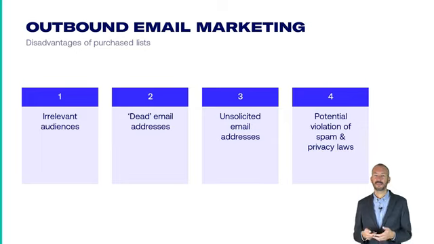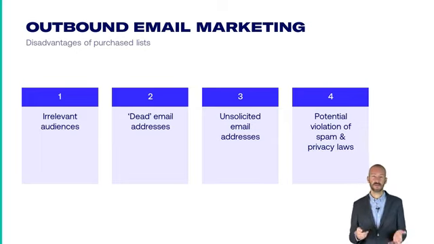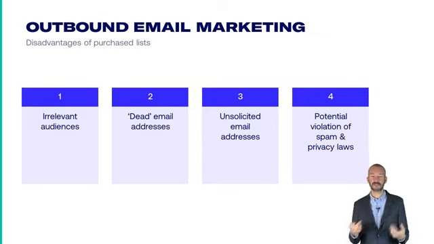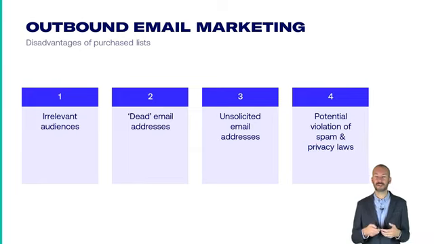Number three is this idea of unsolicited email addresses. These are the people who didn't really want to come to the party, right? They didn't want to come to your email marketing. Someone maybe added them, a friend thought they'd be interested in your content, or maybe, if you're doing B2B, you already added them by default. Maybe you have a database of readers or people that are in your CRM, they're your contacts.